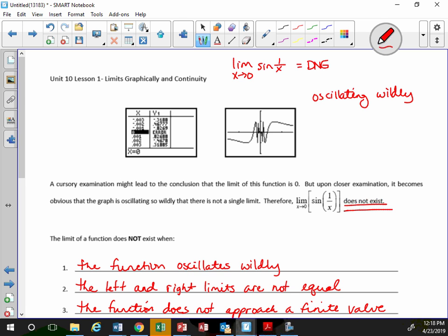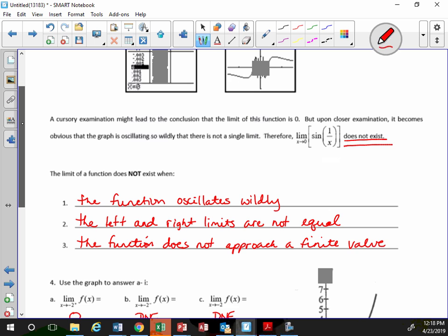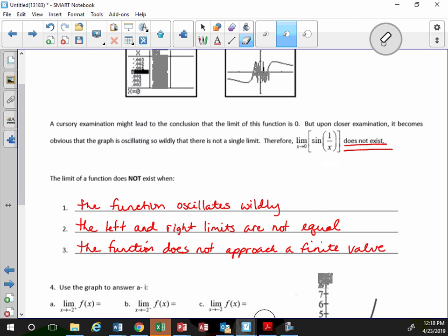Okay, so there are a few times that the limit of a function does not exist, and that's what I have written for you here.